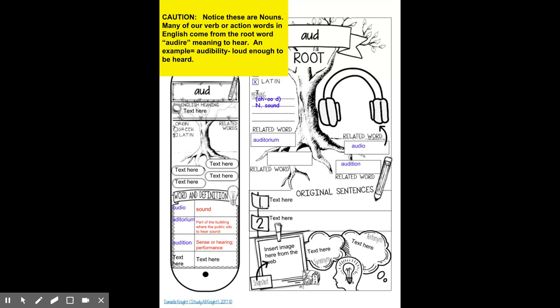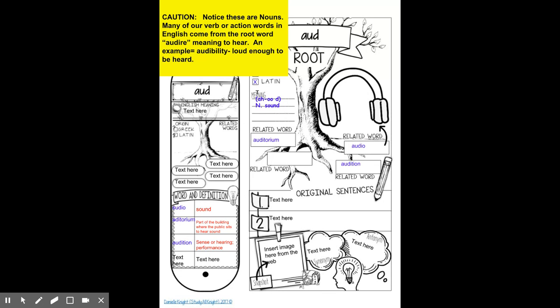Now, I want to give you a word of caution. Notice that these are nouns, okay? Many of our verb or action words in English come from a different root word called audare, meaning to hear. And some of our nouns derive from audare, to hear.